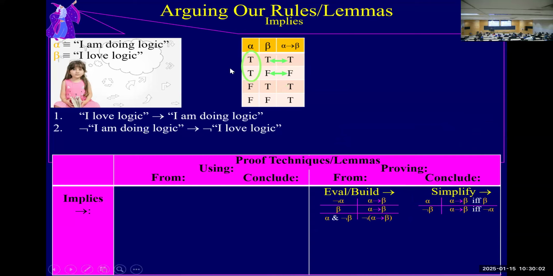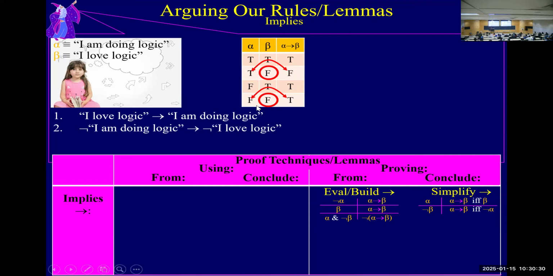And then what about simplifying? We did this before. If alpha is true, then the truth depends one-to-one on whether beta is true. So with alpha being true, you can simplify this to whether beta is true. But here's the tricky one.